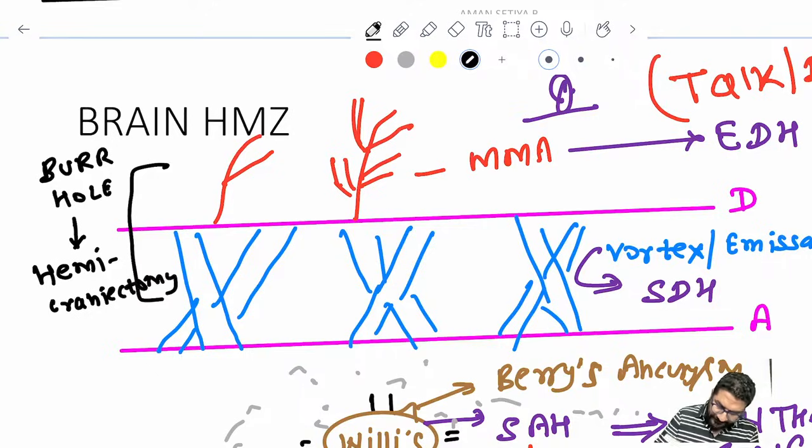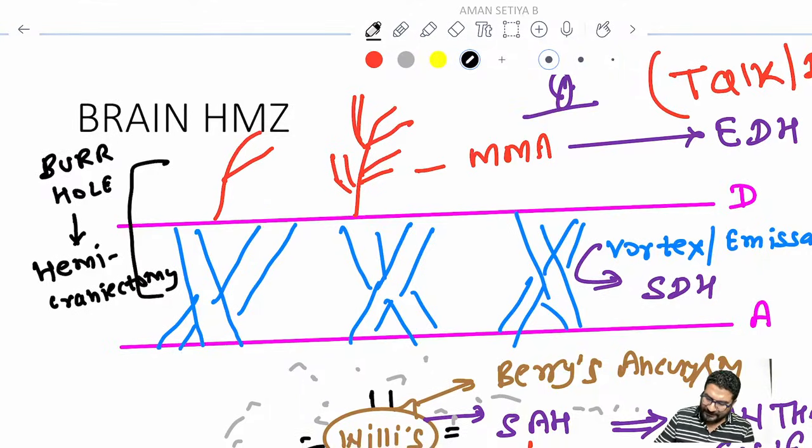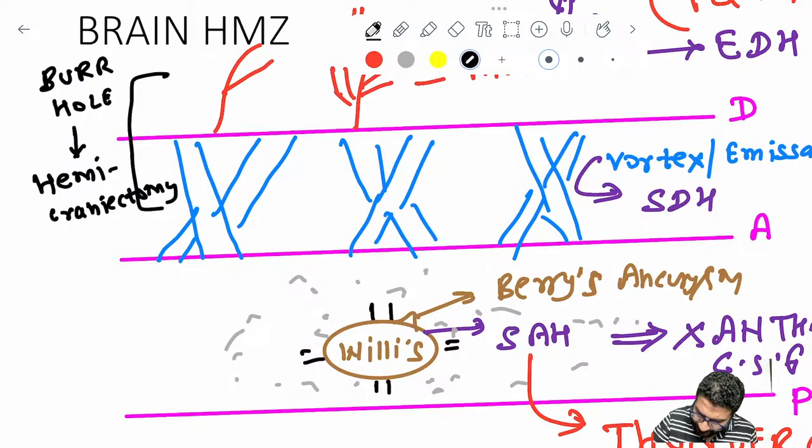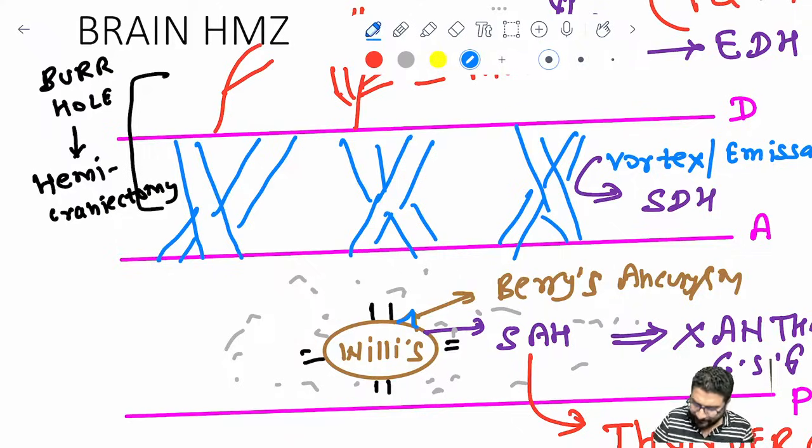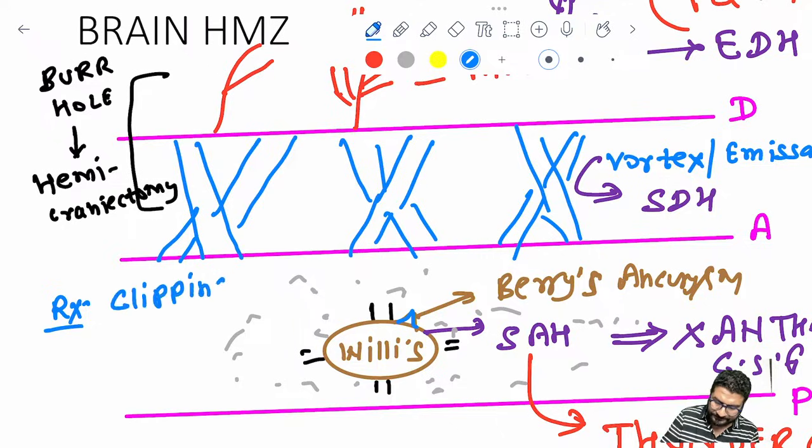But in subarachnoid hemorrhage, the aneurysm is creating the problem, so we need to clip this aneurysm. So treatment will be clipping or coiling of the aneurysm.